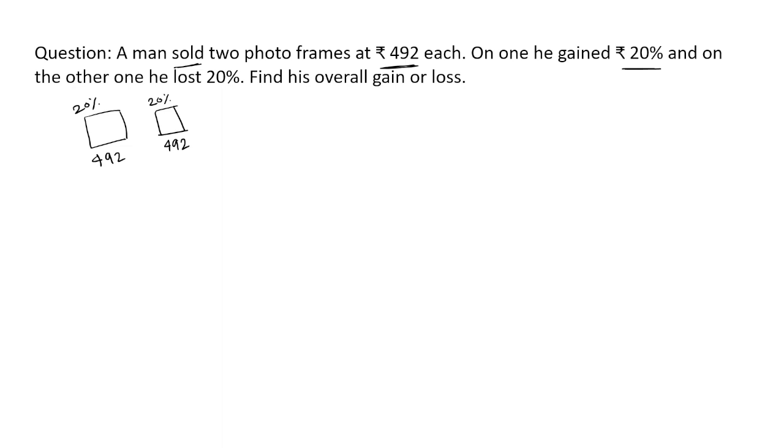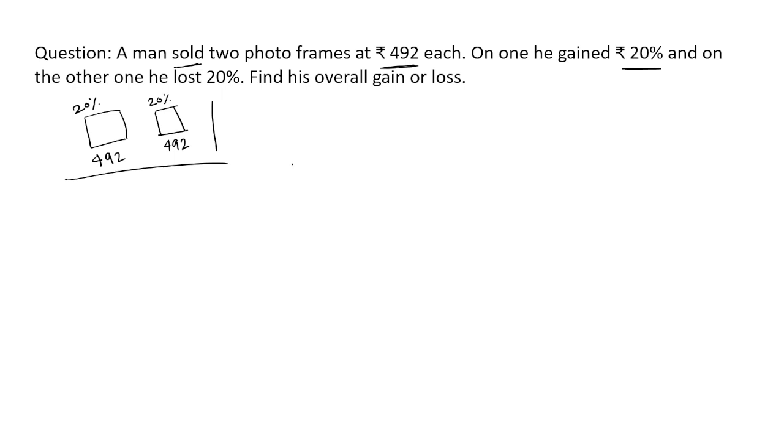So overall, if you see it from the outside, you see that there should not be any gain or loss, but that is a wrong statement, okay. You have to go deep. So let us solve this, okay.